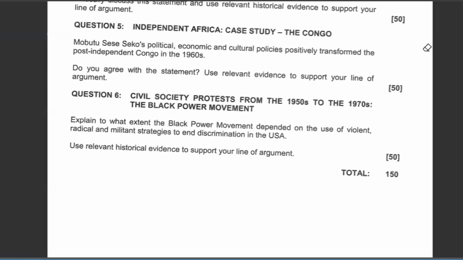He had his political party, which was called the Popular Movement of the Revolution. We are writing it in English, though they were using French. It's presented differently in French.